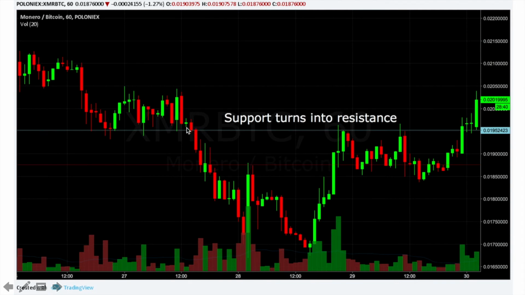Well, supply was higher than demand at this point. And therefore, if price returns to this level, when it happens here, there is likely to be an increase in supply again, and hence resistance. So price will reject from this level and will decline again.